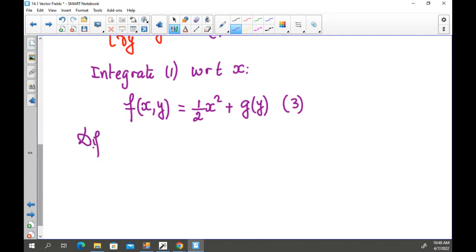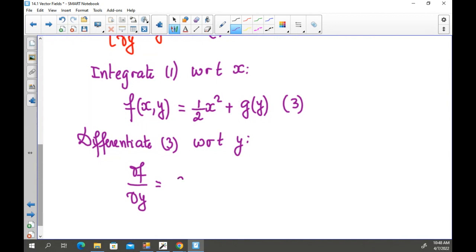I will differentiate 3 with respect to y. So the left side will give us df over dy. The right side, this half of x squared, when you differentiate, gives 0. And then you will get g dash with respect to y.